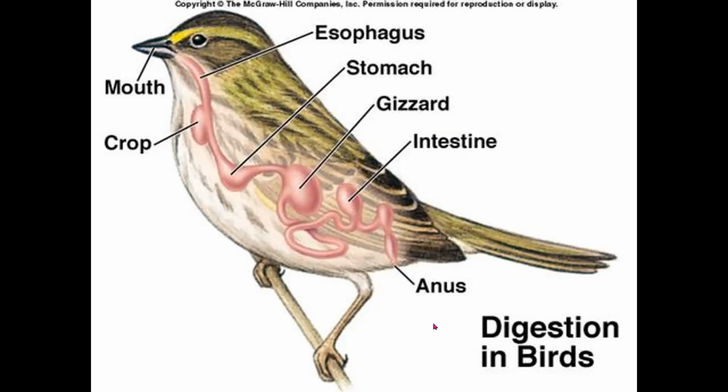Now, birds, by the way, if you look at bird droppings, you'll see a white splotch and a dark bit. The white part is uric acid. Okay, it's not water soluble, whereas we produce urea, which is water soluble.